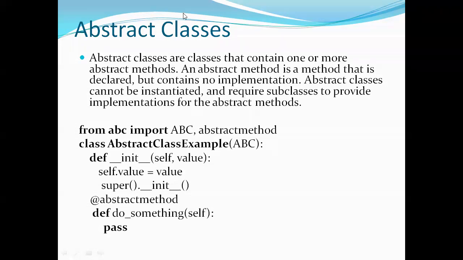An abstract method is declared without any implementation. The method which is defined but doesn't have any implementation, we call an abstract method. And the class which contains an abstract method, we automatically call an abstract class.